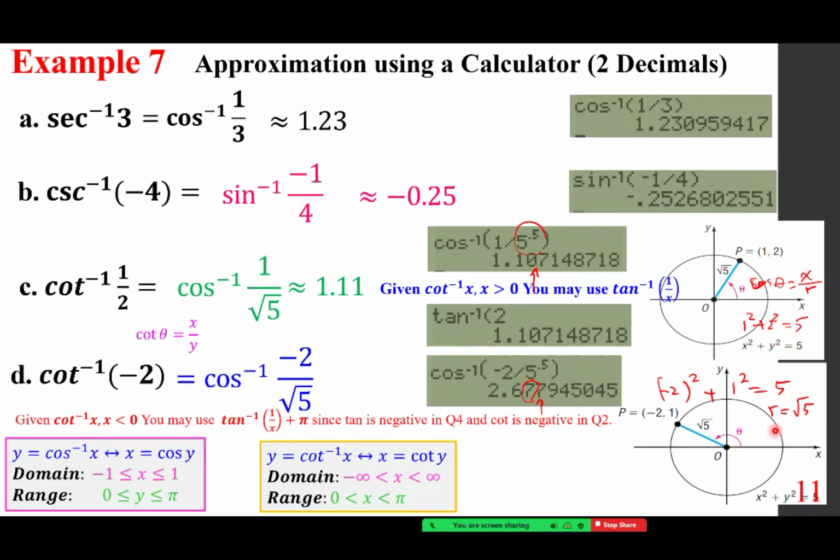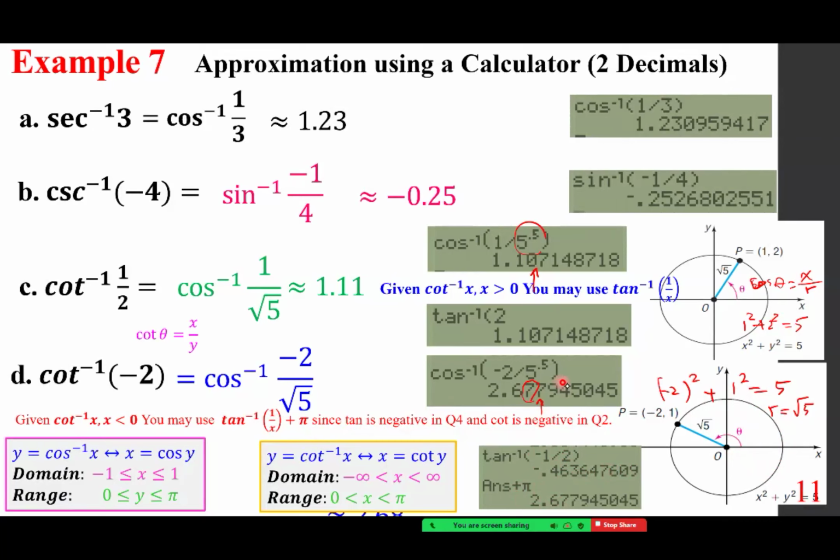So how do you go from 4th to 2nd? You have to add pi, since tan is negative in quadrant 4 and cotangent is negative in quadrant 2. That's why. So take a look. Tan inverse of negative 1/2 is an answer. You add pi and you get exactly the same answer as this one.